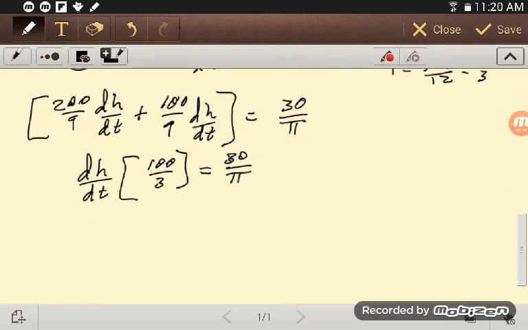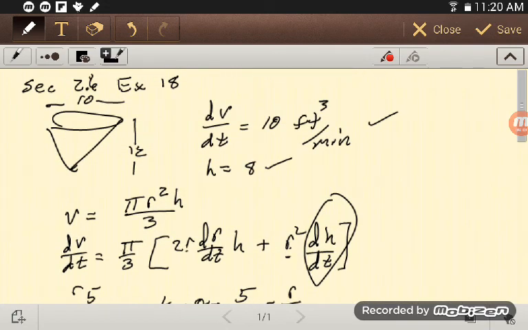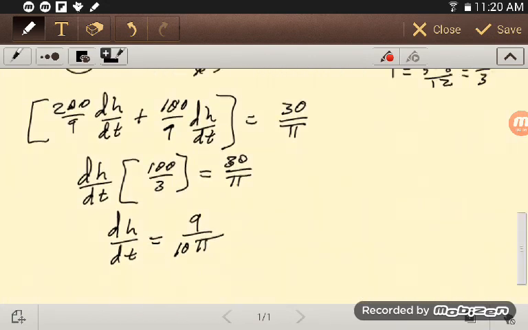Dividing both sides by 100 over 3, I get that dh/dt is equal to 90 over 100, or 9 over 10 pi. The units are feet per minute. Okay, and there we go.